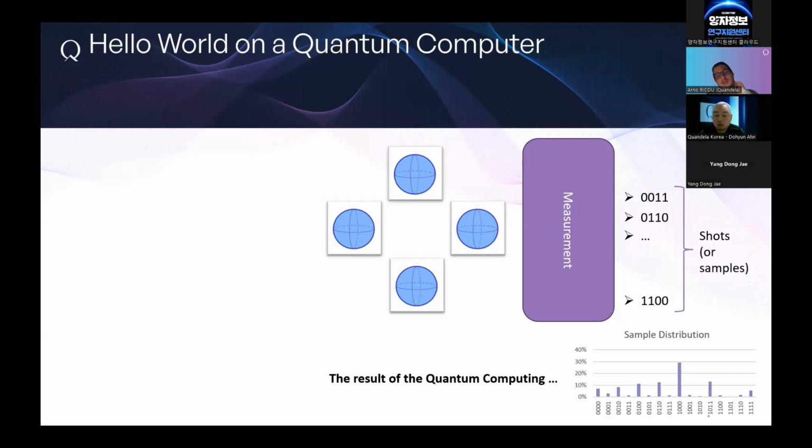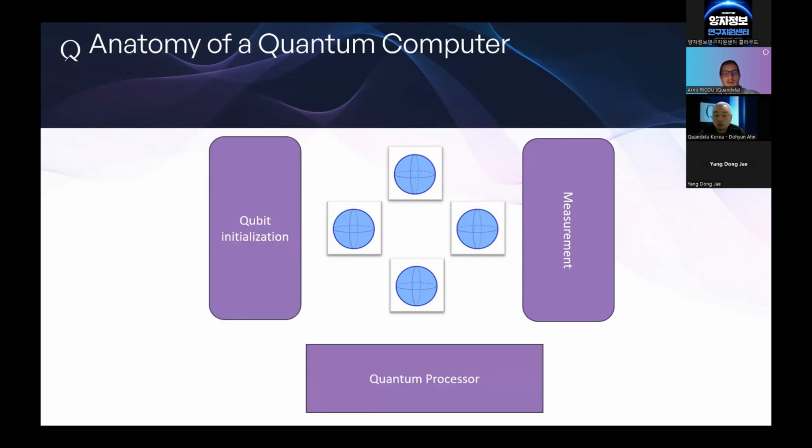It turns out that, for instance, in a Grover setup, when we look for a certain element in the unstructured database, this element would be the most likely one, which is the 1000, meaning the answer of our computation. And this is the full setup: initializing the qubits, processing the information on those, and then measuring them.